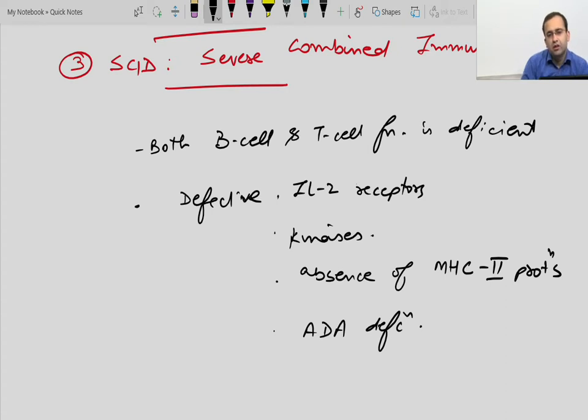That is SCID, severe combined immunodeficiency.